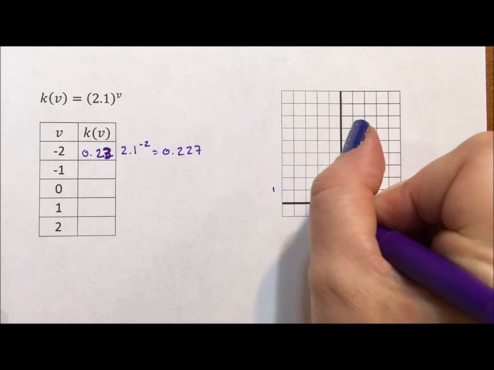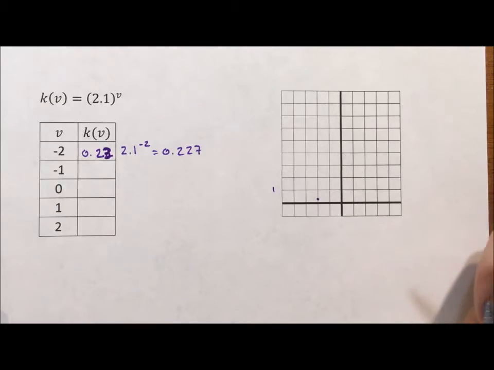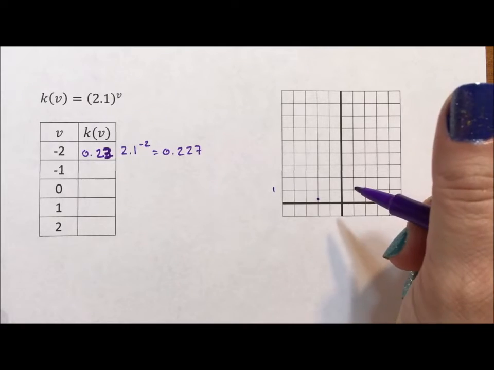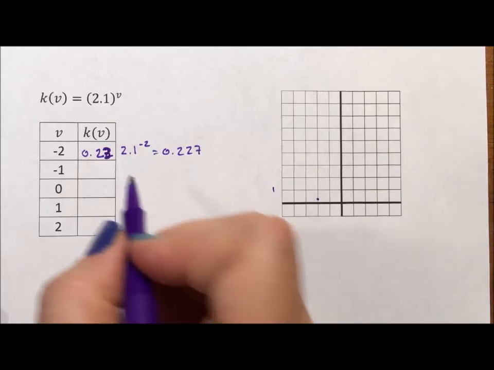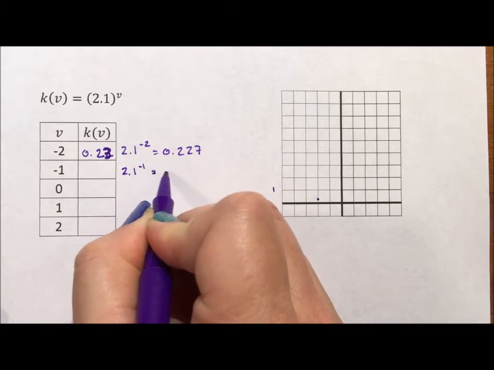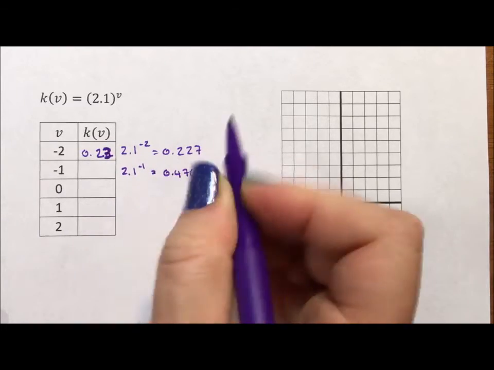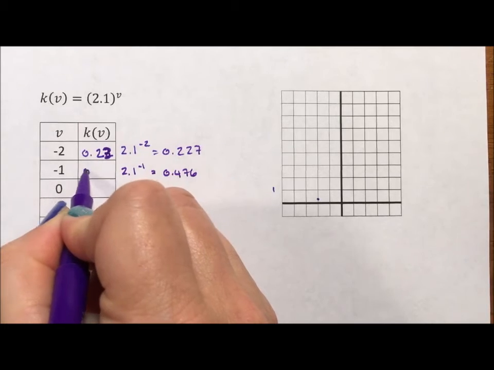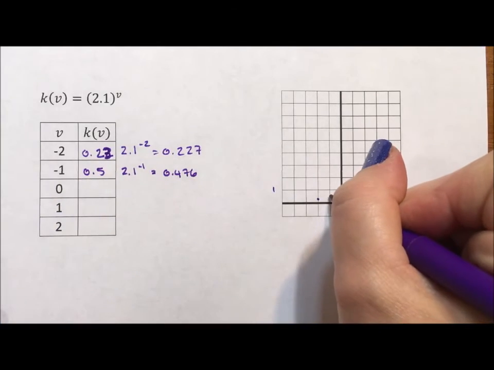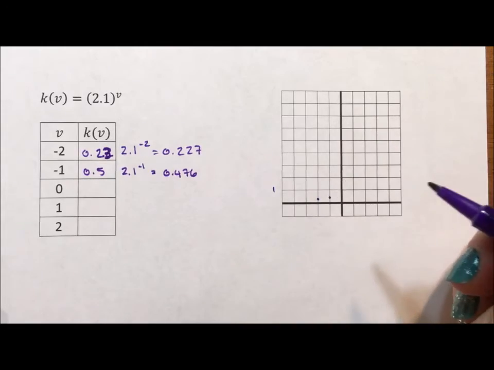It's going to be somewhere about there. This is graphing. The numbers are going to get a little bit messy unless we scale this in a very interesting way. 2.1 to the -1, according to my calculator, is 0.476. So it's about 0.5. It's just below 0.5, so I'm going to come to 0.5 and just go just below it.